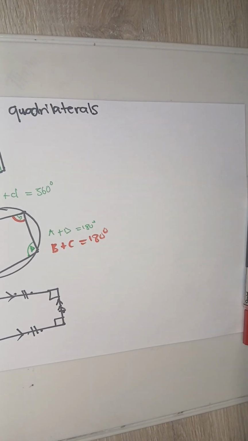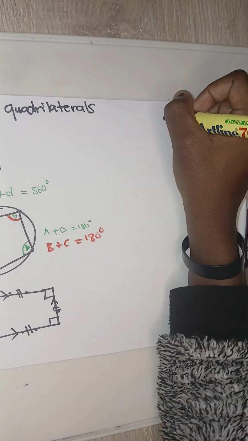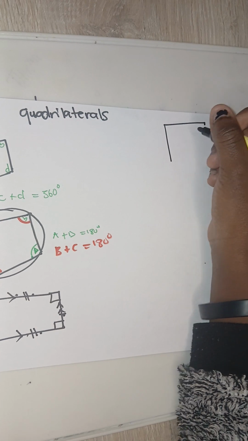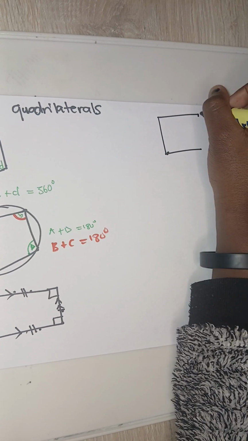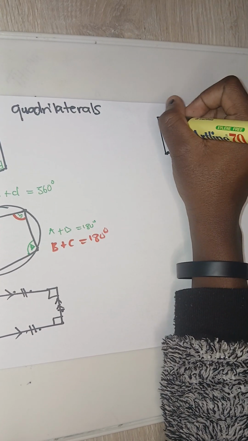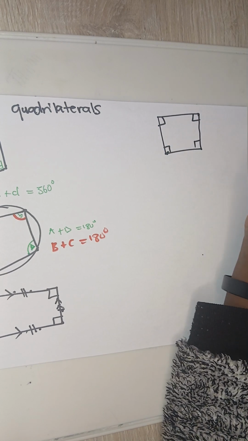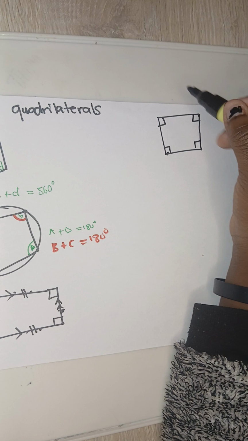Again, we have a square. A square has 4 equal angles.